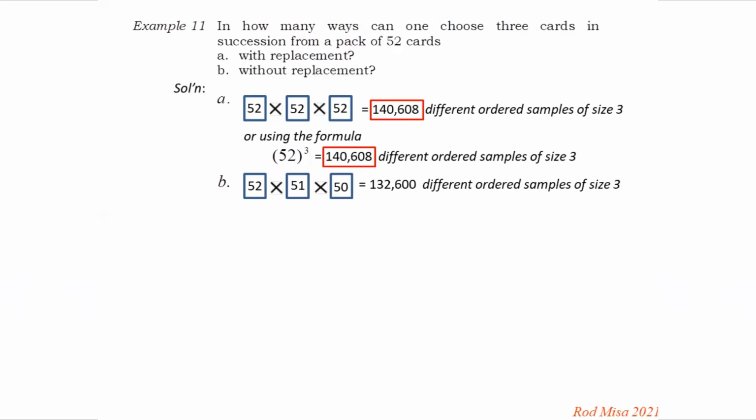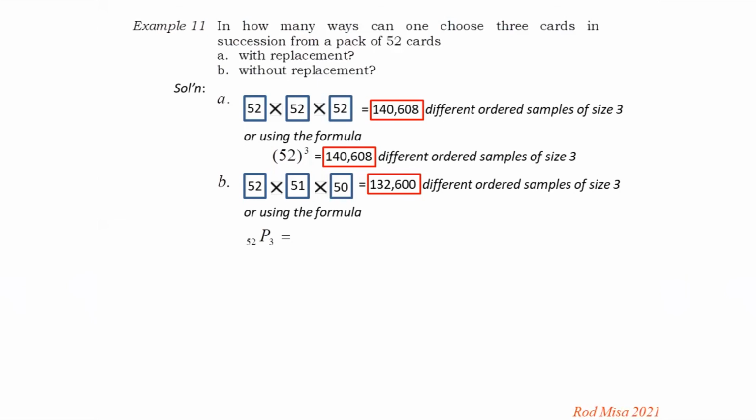So here, we are using our fundamental principle of counting, but of course, we can still use the formula that we have presented in the previous slide, that if this is an ordered sample in succession without replacement, then we can use our permutation formula, that this is the permutation of 52 taken 3 at a time.